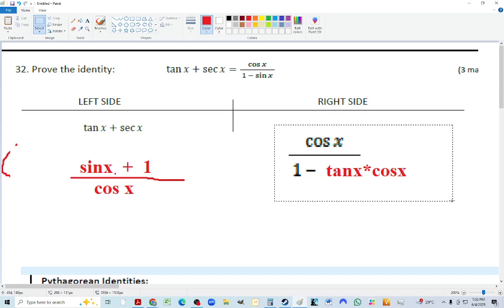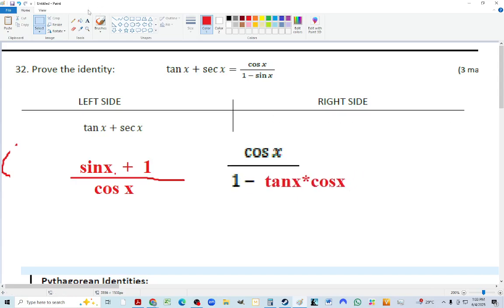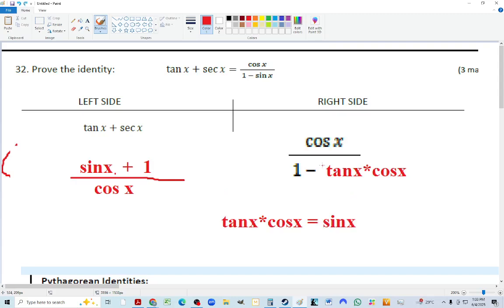Let's see if I can get it up top. So if I multiply this by the bottom, no, I don't think that's going to work. Let's try something slightly different. See if I can convert this by multiplying it top and bottom by the same thing.